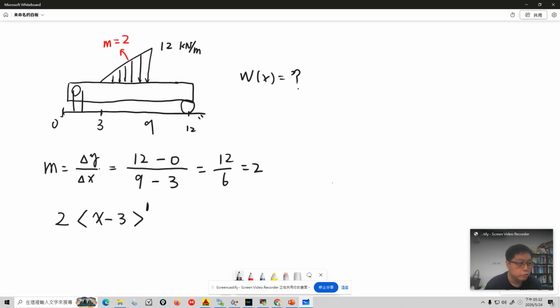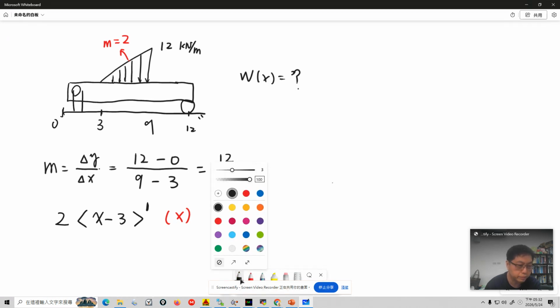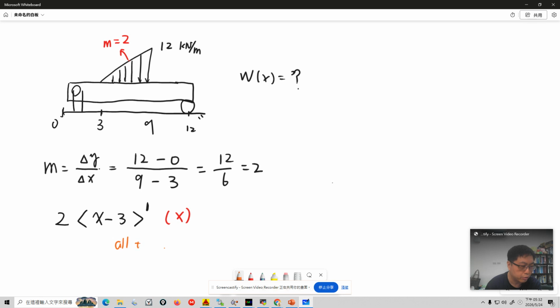But that's not the true solution. Why? Because in the previous section I said this goes all the way to the end.